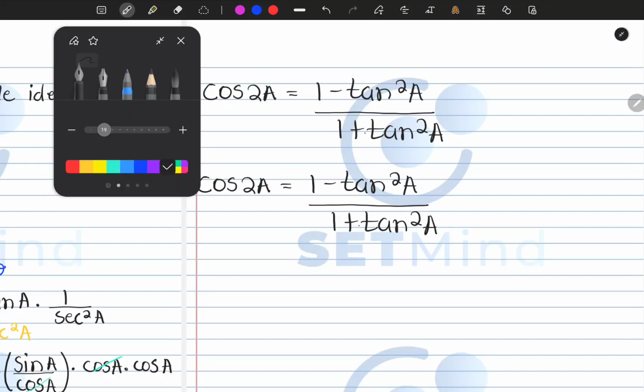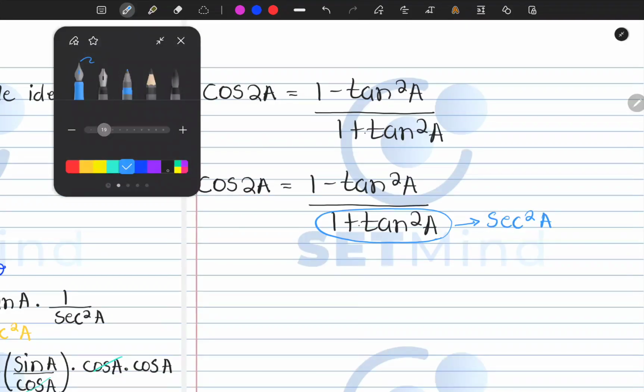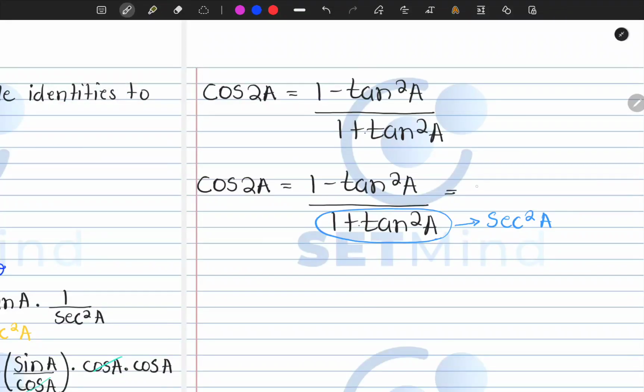What is very important for us to quickly realize is that that denominator there is simply sec squared A. That's the first thing we are supposed to realize.